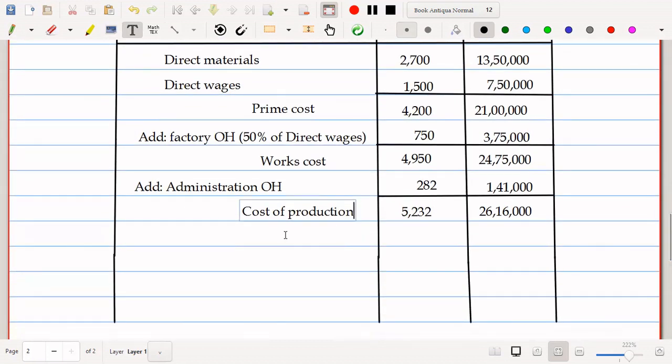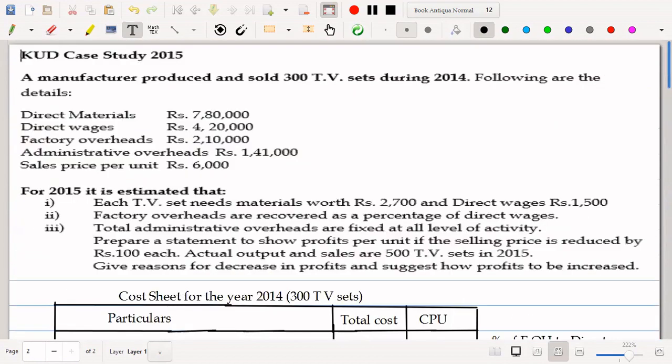The next point is profit, and this is regarding sales. What they have given is that the sales price will be reduced by rupees 100 each. Prepare a statement to show profit per unit.